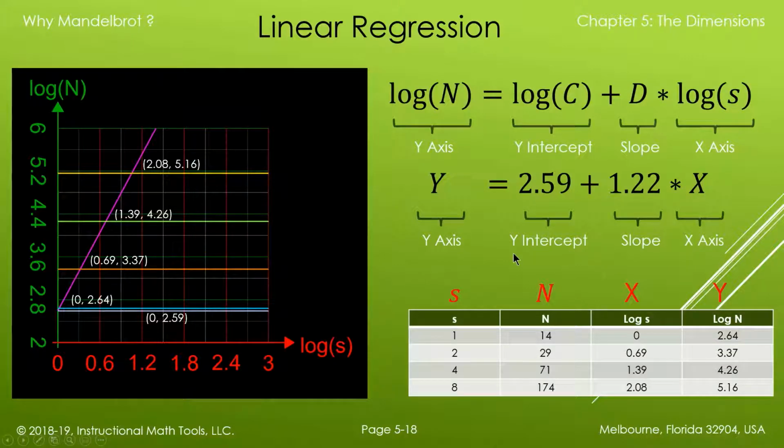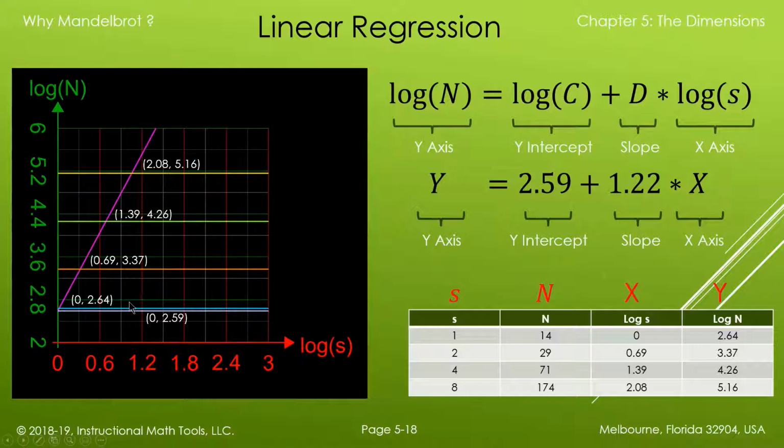So let's check out the results of our linear regression. We wound up with a line equation y is equal to 2.59 plus 1.22x, where 2.59 is the y-intercept and 1.22 is the slope.